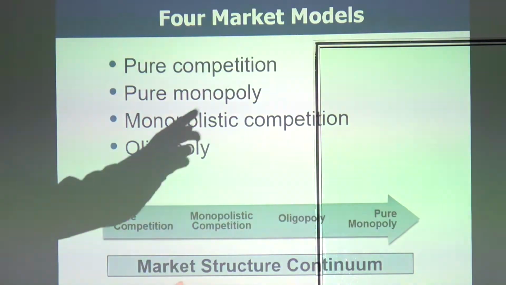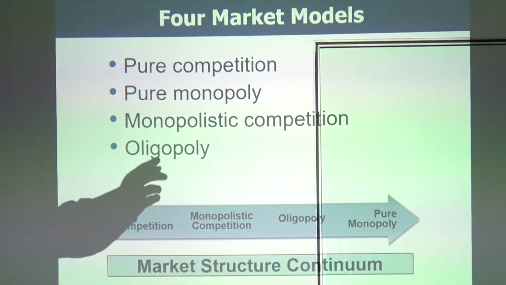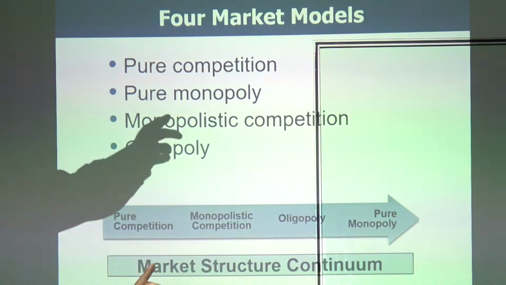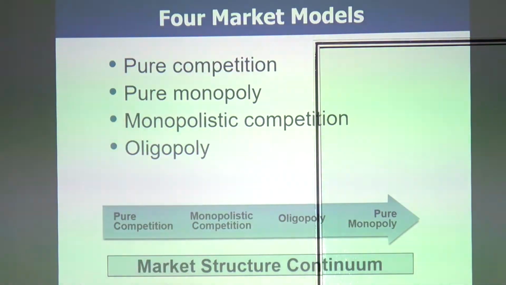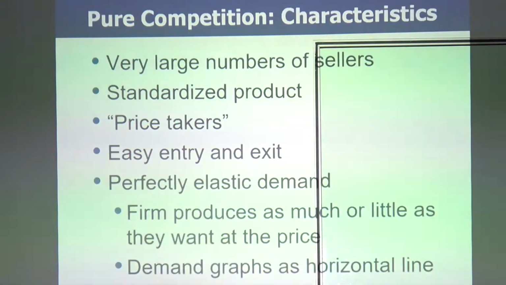In between these two extremes, we have monopolistic competition, which is closer to pure competition, and oligopoly, which has characteristics closer to pure monopoly. However, for today we will start with the first market model, which is pure competition.